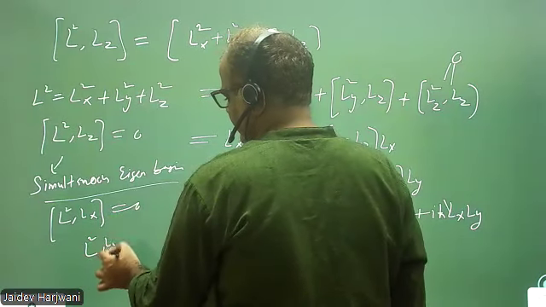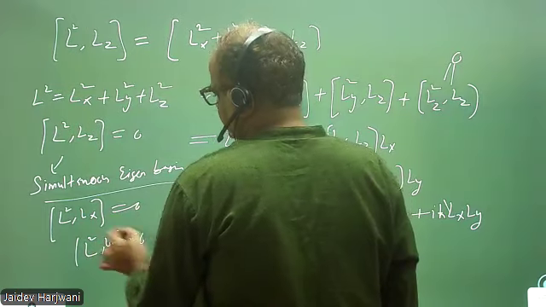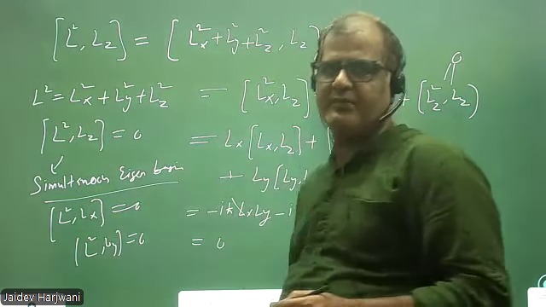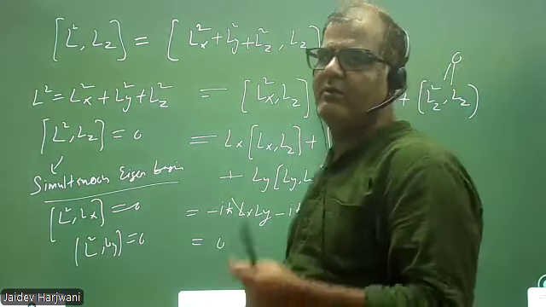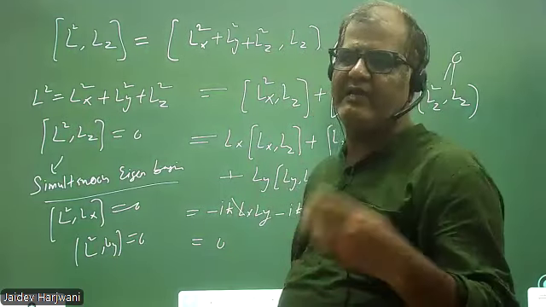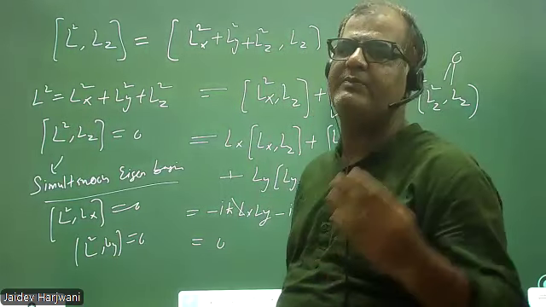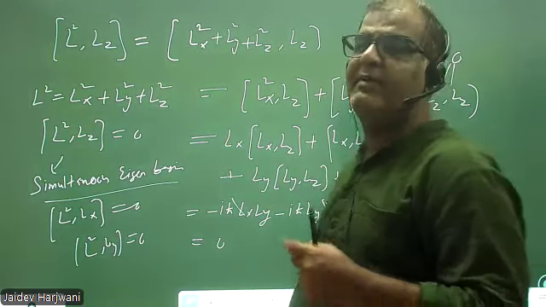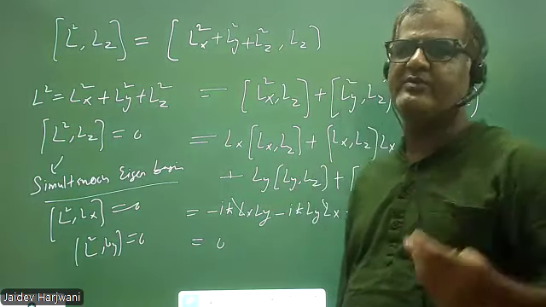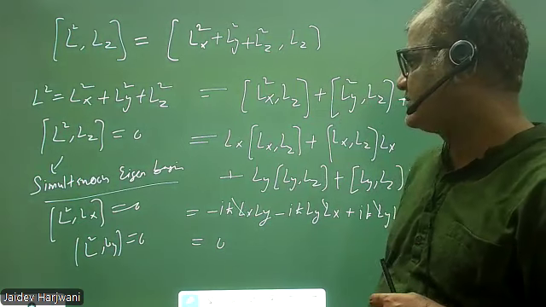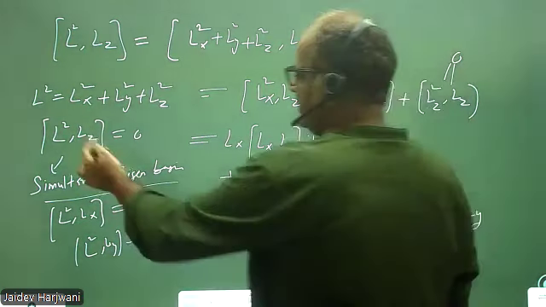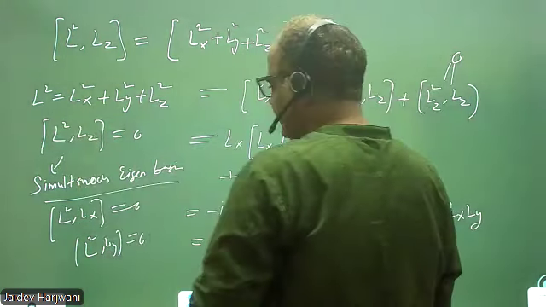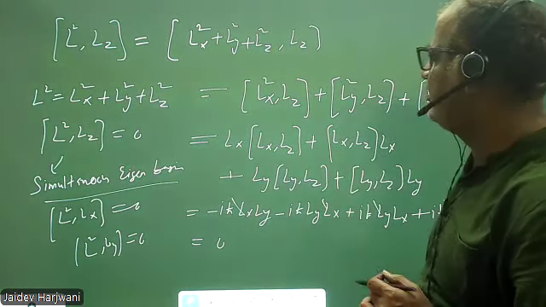[L square, Ly] also will be 0. So L square commutes with the angular momentum components. Lx, Ly, Lz, they don't commute. So that means they cannot be measured simultaneously accurately. They don't have a simultaneous eigenbasis. But L square and Lz can be measured in the same basis. So this is one thing.